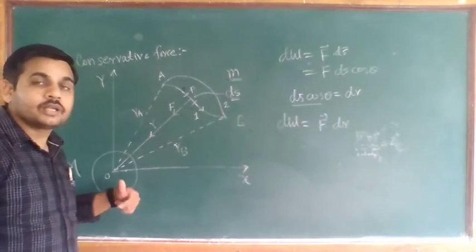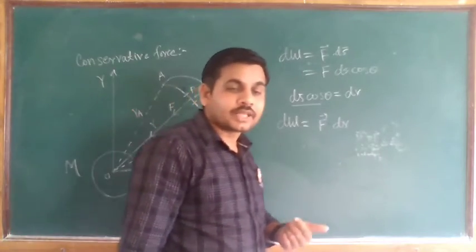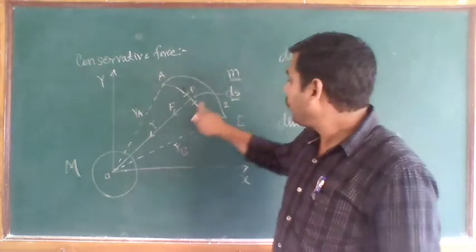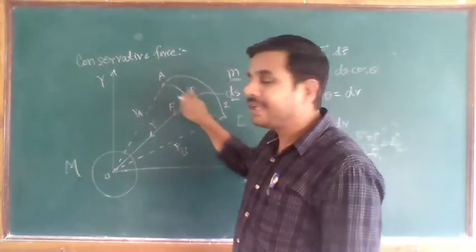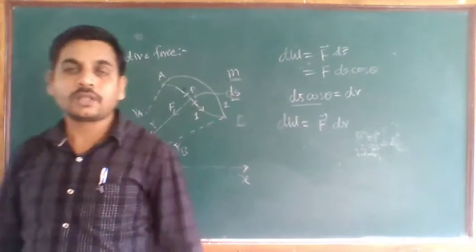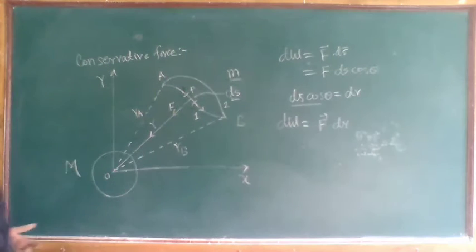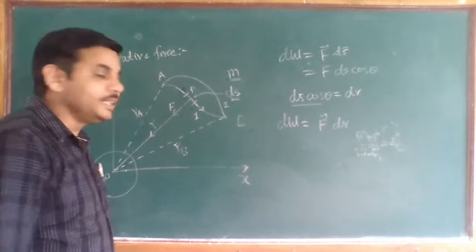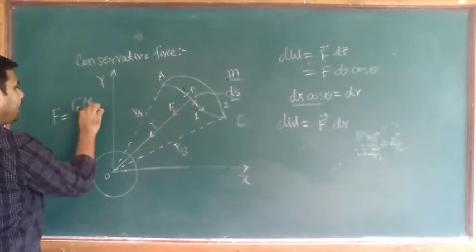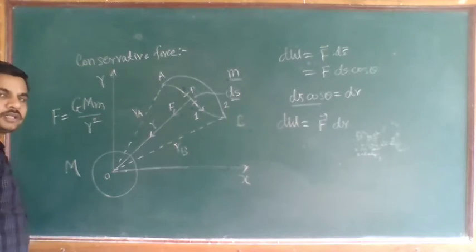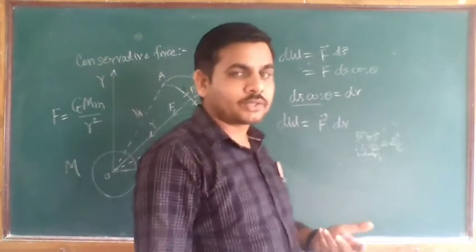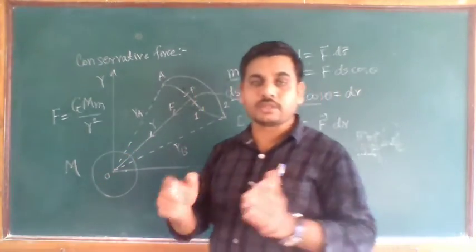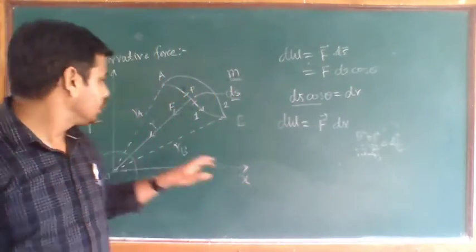Now the gravitational force exerted by the body M on the body m, which is moving from A to B, has magnitude F equal to G M m divided by r square, where r is the distance of separation between these two bodies.